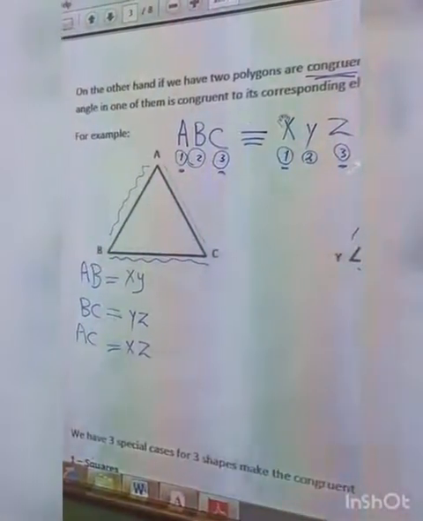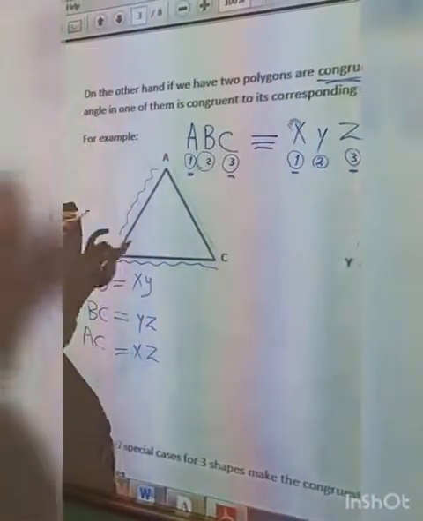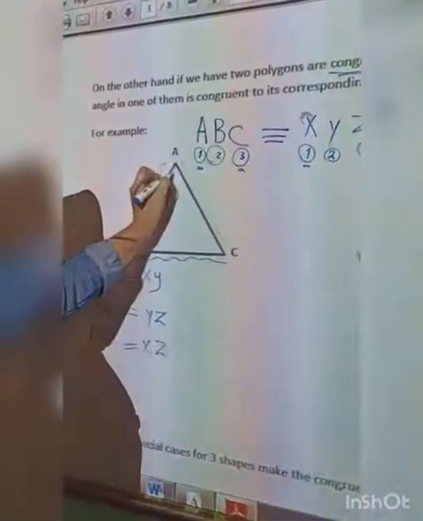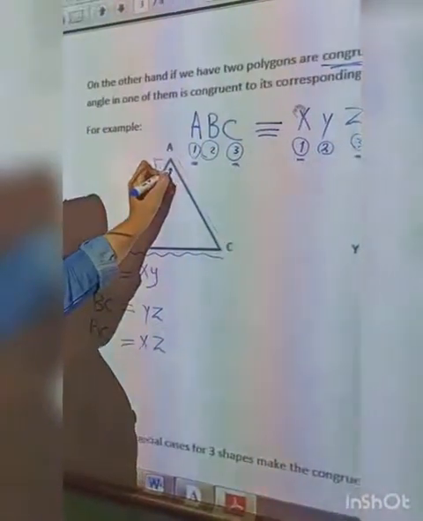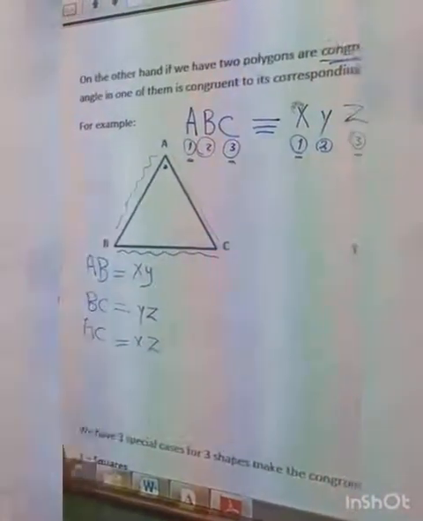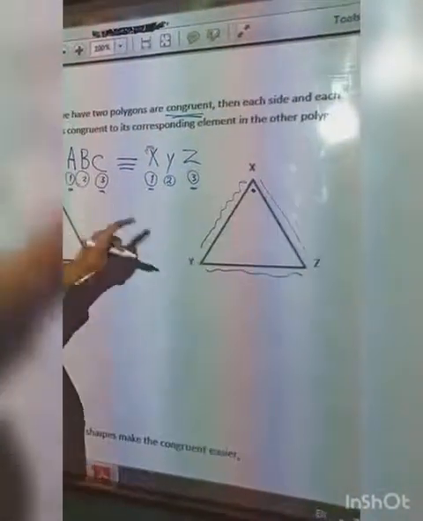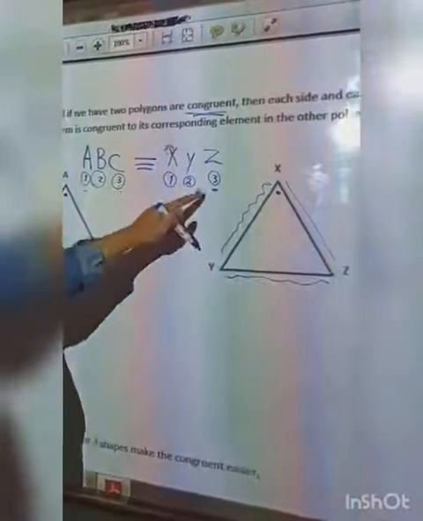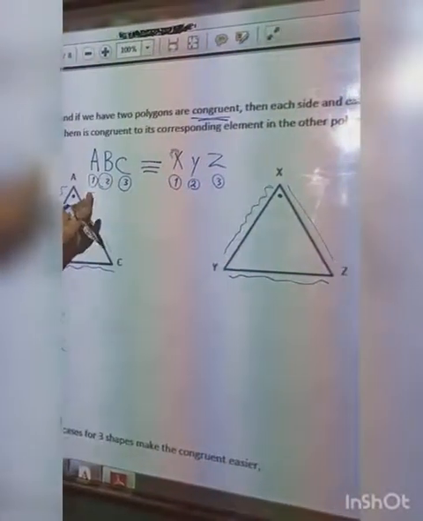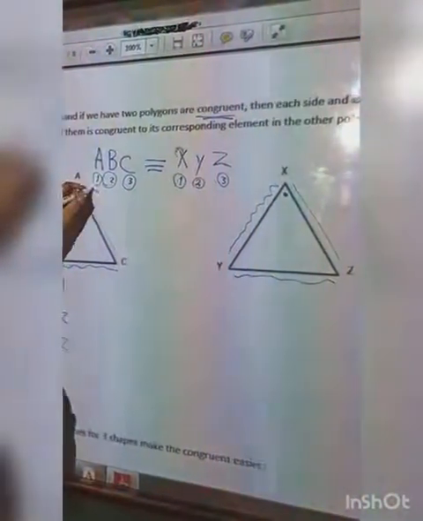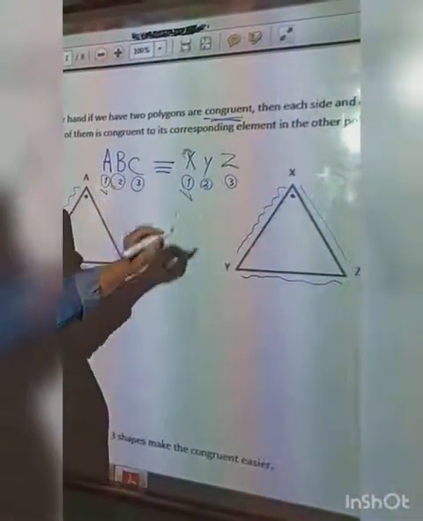Now we look at the angles. The angle A is congruent or equal to the angle X. If I take the first letter here, angle number 1, so I will take the angle number 1 also.